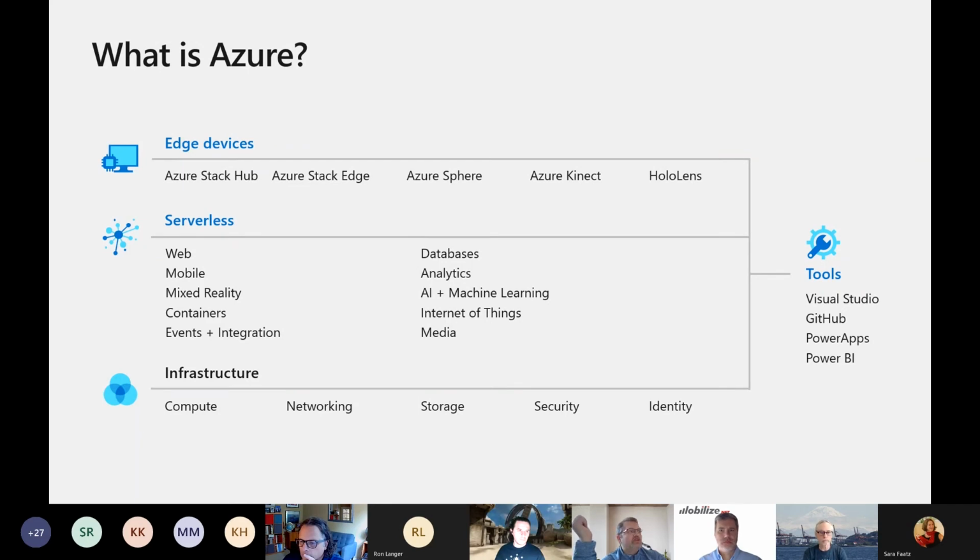On this slide, I hope most of you are familiar with Azure, but if you haven't looked at Azure for a month or so, you might be pleasantly surprised by what you will see. This is just a high-level map of the classes of service that we offer. We have about 200 plus services and capabilities.